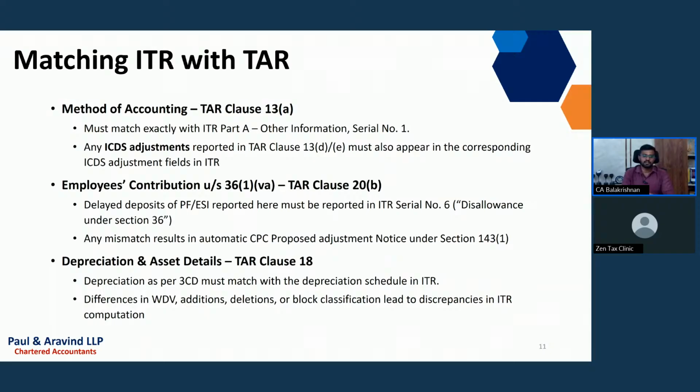For example, the tax auditor has reported total depreciation of 10 lakh, but the assessee has claimed 12 lakh depreciation. That 2 lakh depreciation will be disallowed while CPC is processing the return. Before that, CPC will issue a 143(1)(a) proposed adjustment notice. After that only can they proceed with the proposed adjustment.